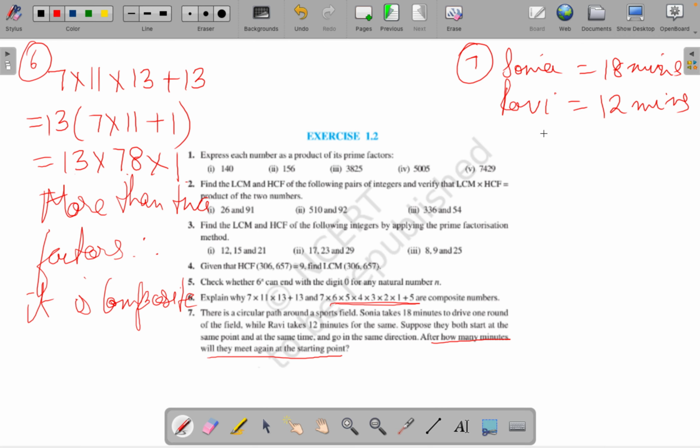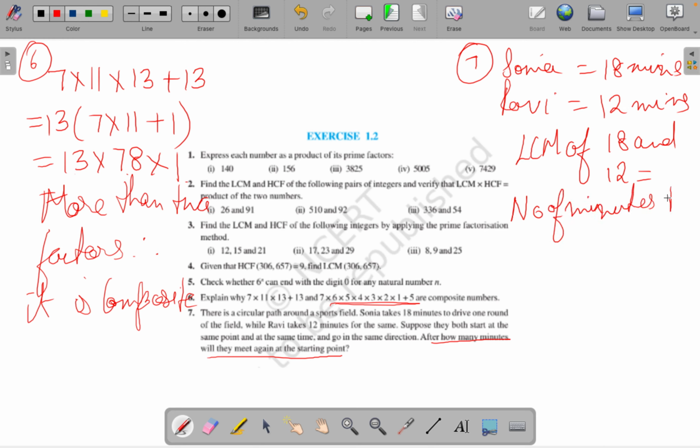Don't you think I have to find the LCM of 18 and 12? That is number of minutes they will meet again. Okay, so let's find LCM. तो हमें LCM करना आता ही है. पहले 18 के प्राइम फैक्टर्स, फिर 12 के प्राइम फैक्टर्स, राइट?